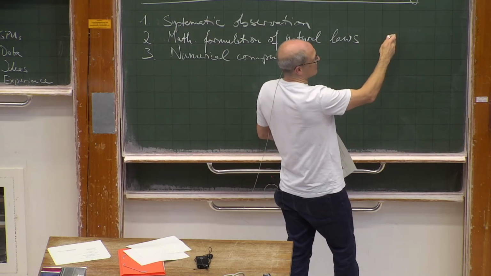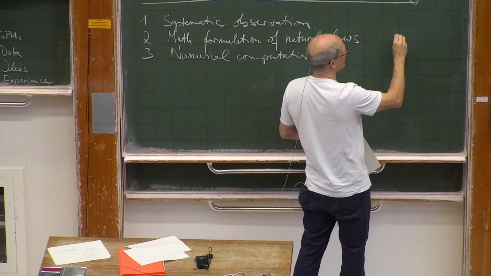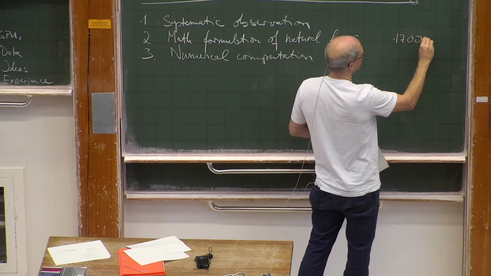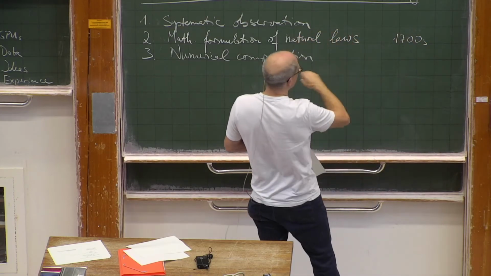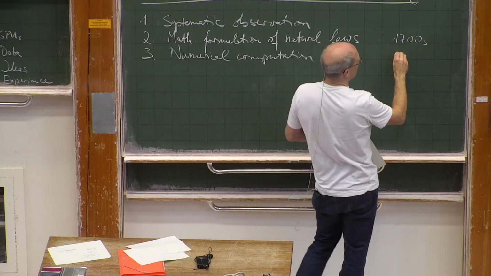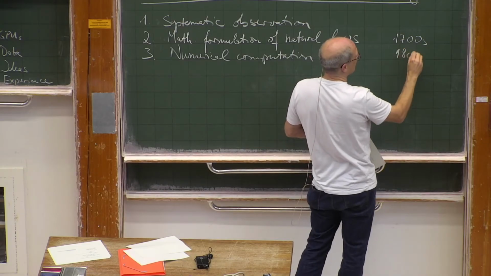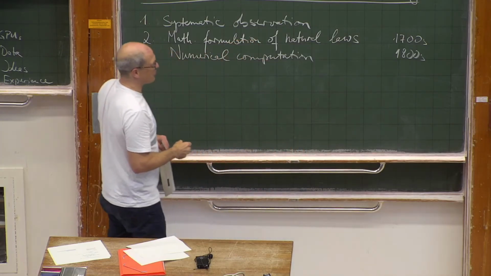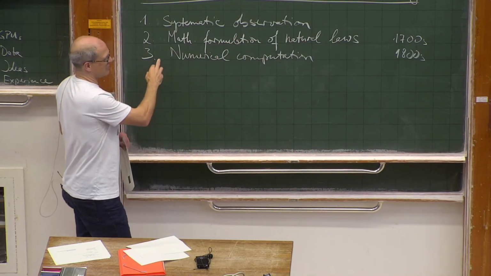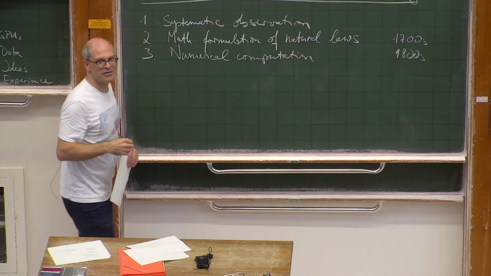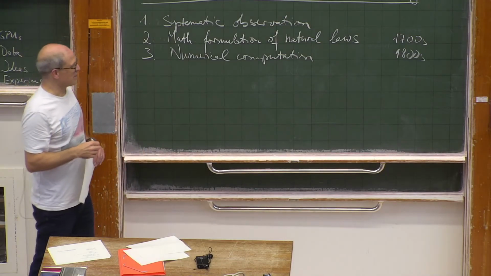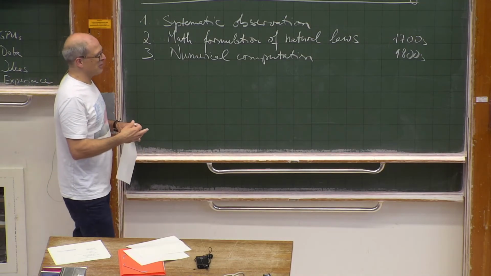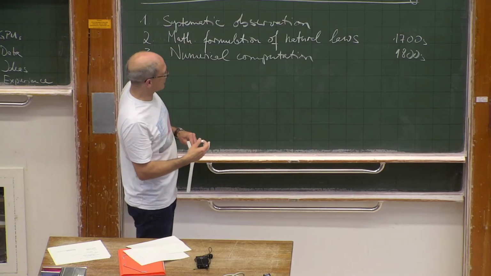This one here is since Newton or so. Let me put here 1700s. The numerical computation, let's say analog, has been in the 1800s, and with computers in our sense, started essentially with the computations that were required to build a nuclear bomb.